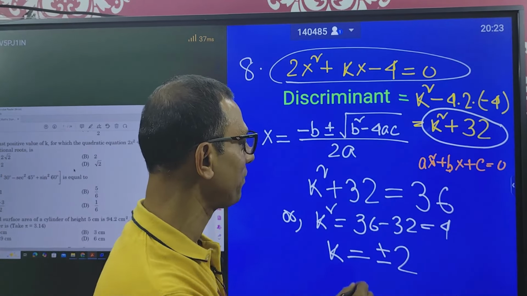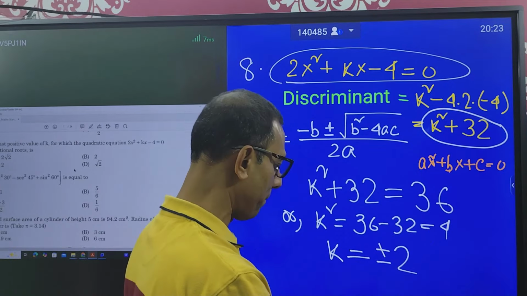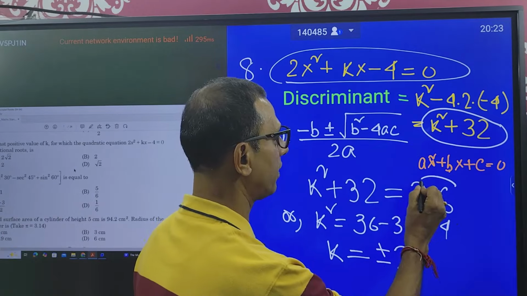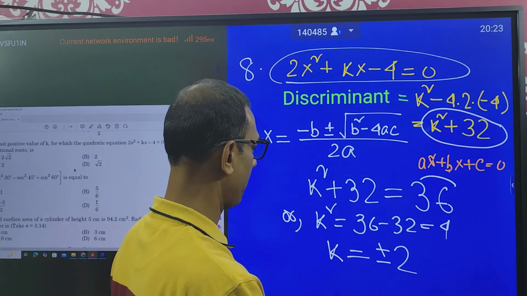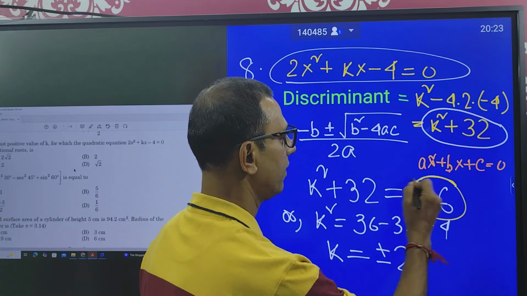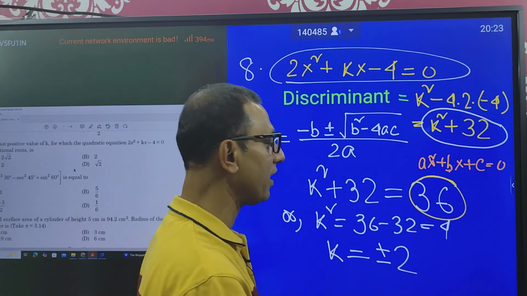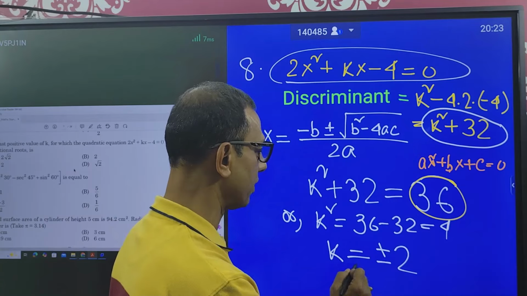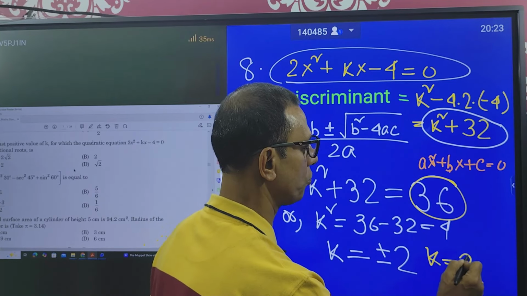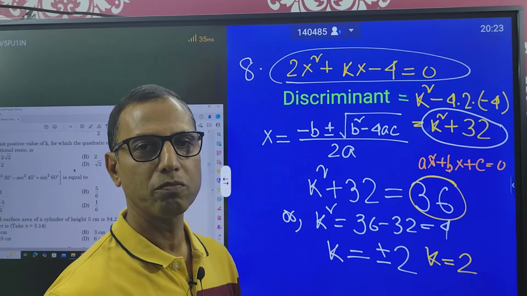So we have identified the least positive value by identifying the square number, that is 36. Therefore, you will consider k equals to plus 2. K equals to 2, not k equals to minus 2.